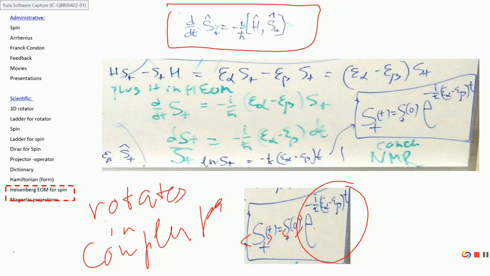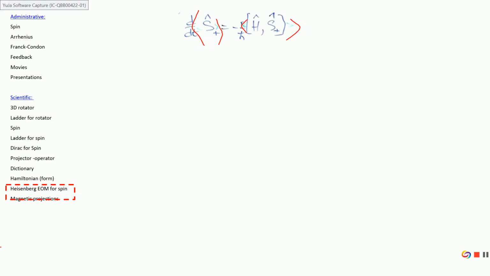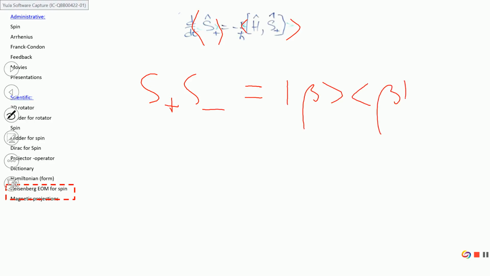Yes, yes I can. Maybe, since I'm already presenting the main outcome, even if we delay a little, or even skip it. So, S plus S minus will be the projection on beta. S minus S plus will be the projection on alpha.